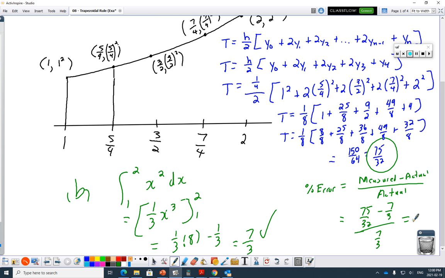Especially for you science people, because you probably would do this as a decimal. 75 over 32 subtract 7/3 all over 7/3. 0.004, which would be 0.4%. Our area is only off by 0.4% with only 4 trapezoids. That's how good the trapezoidal method is.